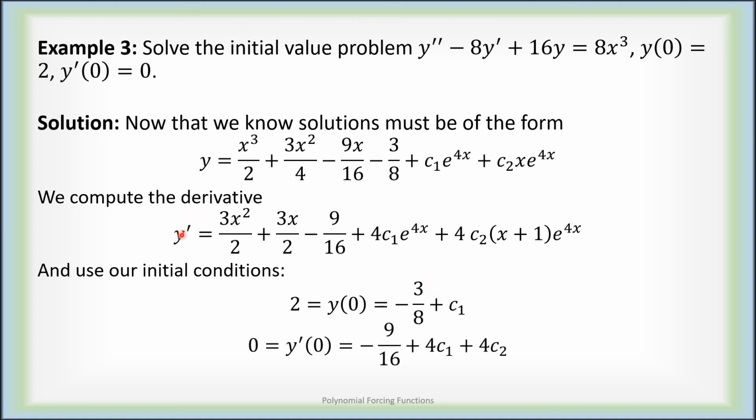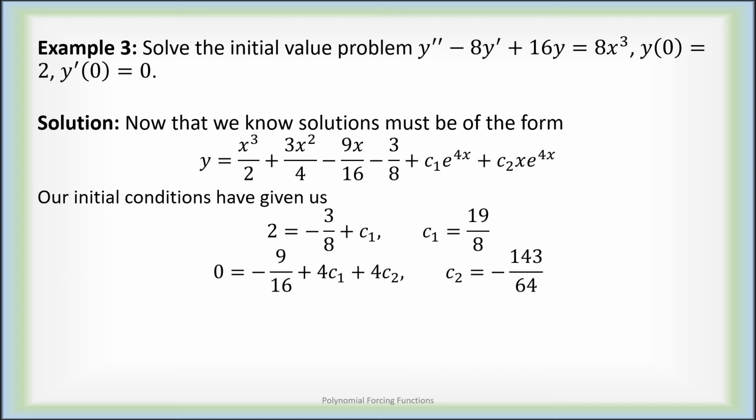But if I take y prime of 0 is 0, I set this equal to 0, vanishes, vanishes, constant, 4c1, 4c2 times 1. So now we have two expressions for c1 and c2. With those two expressions for c1 and c2, we can solve that c1 is 19 over 8 and c2 is negative 143 over 64.